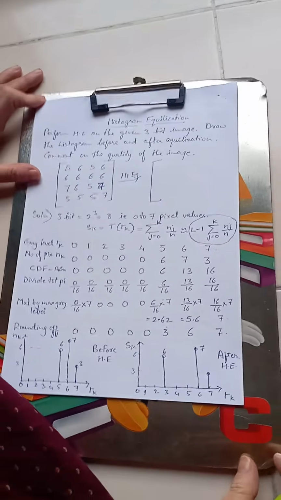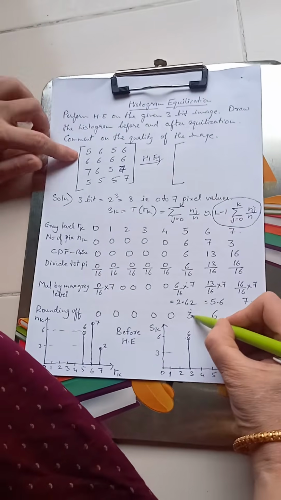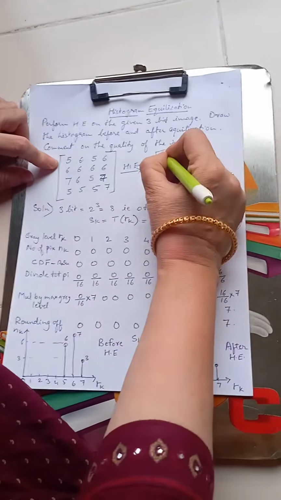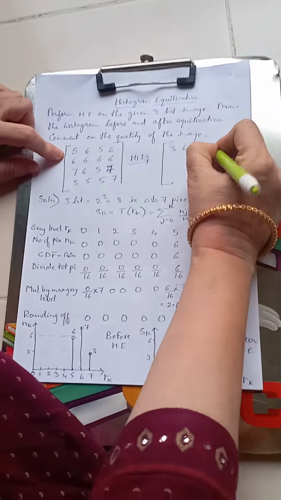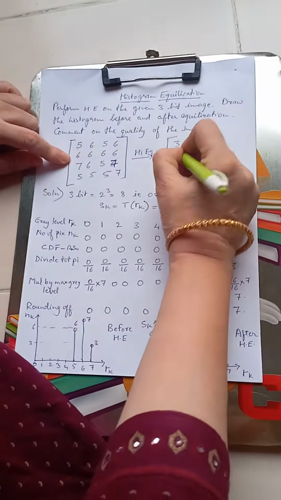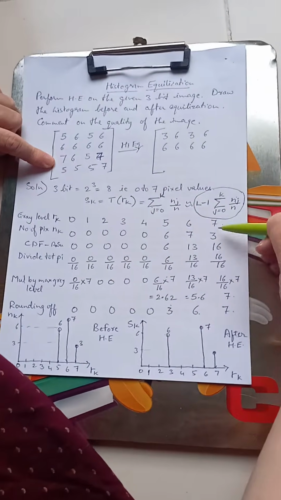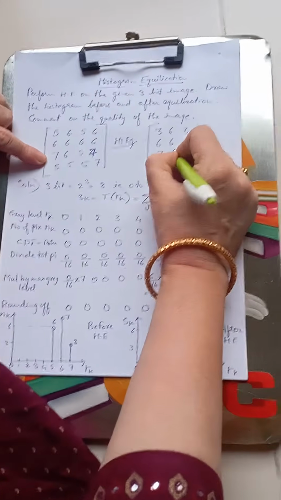For every 5 I have to replace it with 3, and 6 is replaced with 6 itself. So the new image will be 3, 6, 3, 6. 6 will remain as 6 only. 7 has mapped to 7 only in this particular numerical.